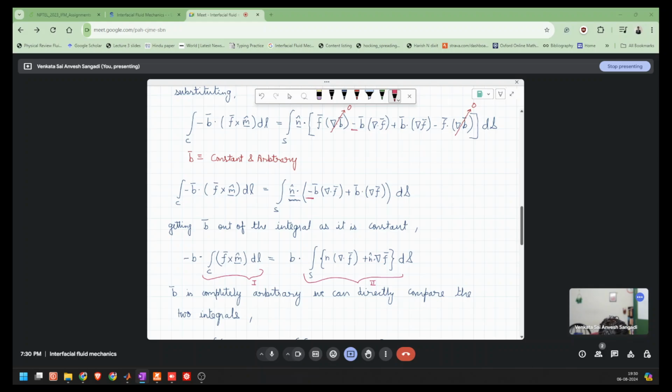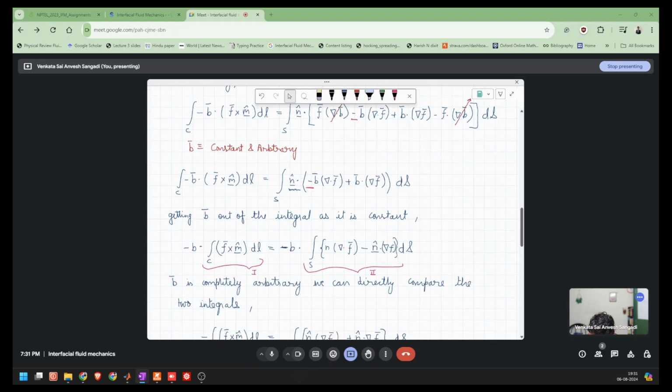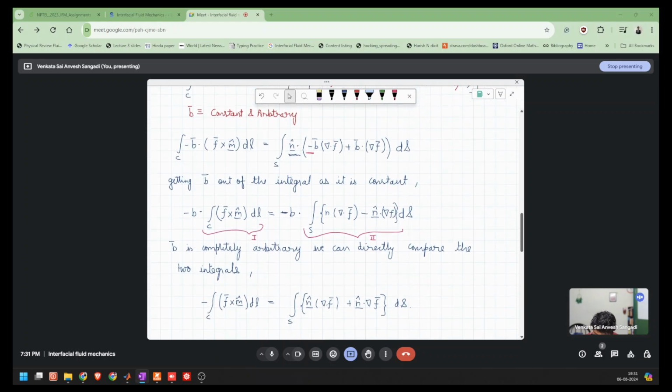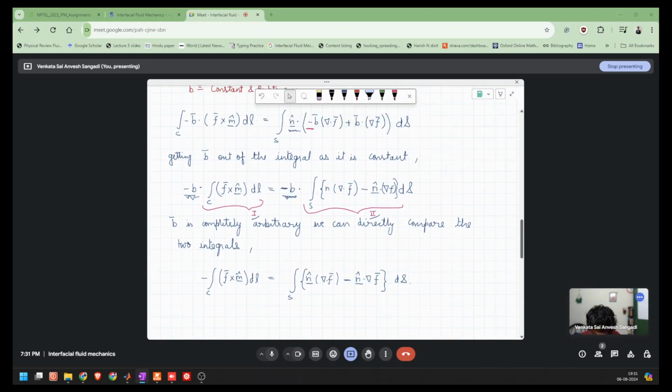If we take minus B out here, we have a negative sign here: minus n hat dot grad F. Only then can we compare term 1 and term 2, as both these terms are the same. Now the expression is correct.